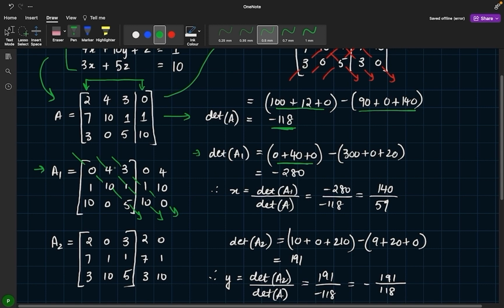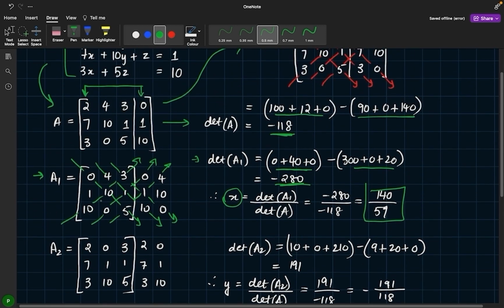You'll get 40, because it's 0, and it's 0 over here. So 4 times 1 times 10, that's 40. Then you minus it from the multiplication of these diagonals, like we have with the 2 by 2. And you get this. Therefore, the determinant of A1 is just 280. So what's the value of x? Well, det A1 divided by det A, which is 140 over 59 if you do it.